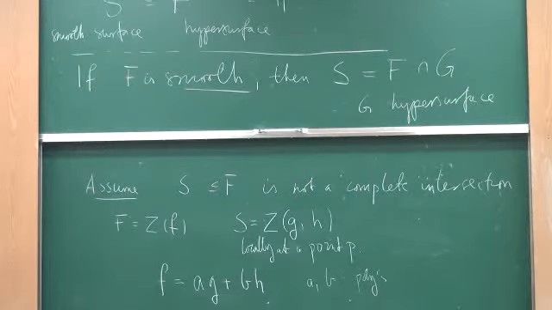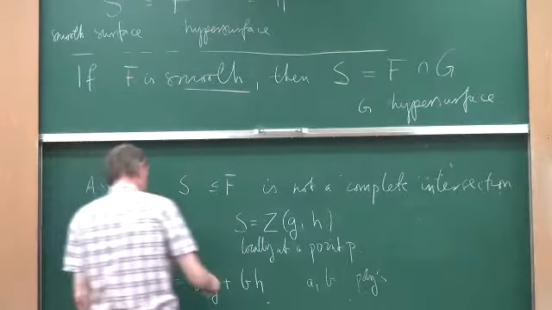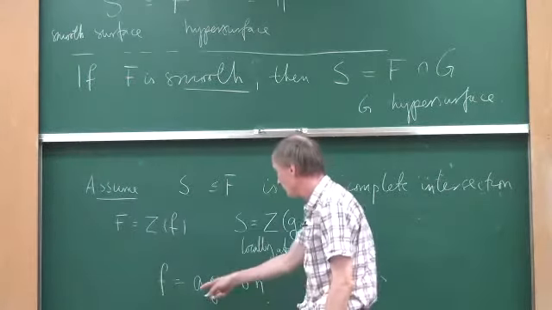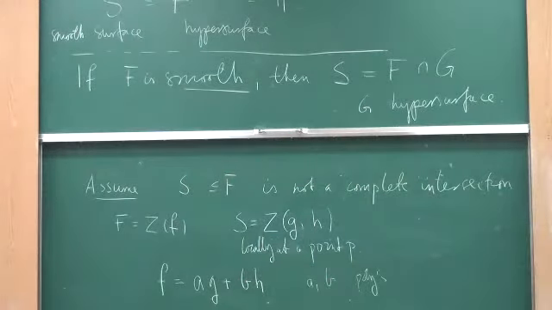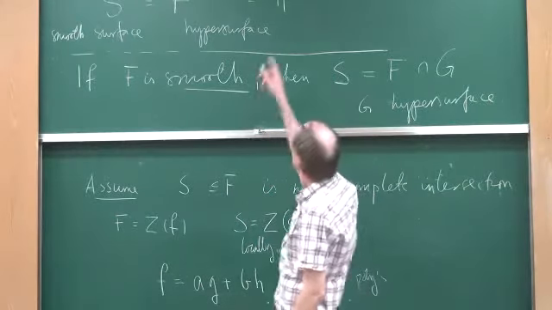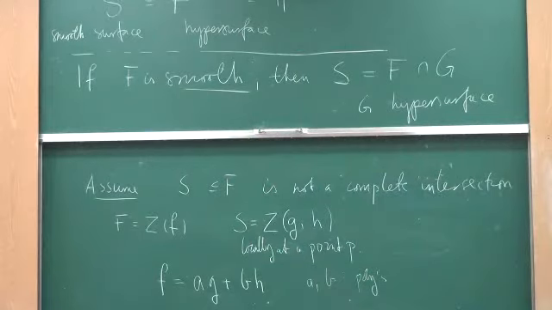Okay? And now is the clue, right? Now you see I have here four polynomials, four functions. And in P4 four polynomials have a common zero.